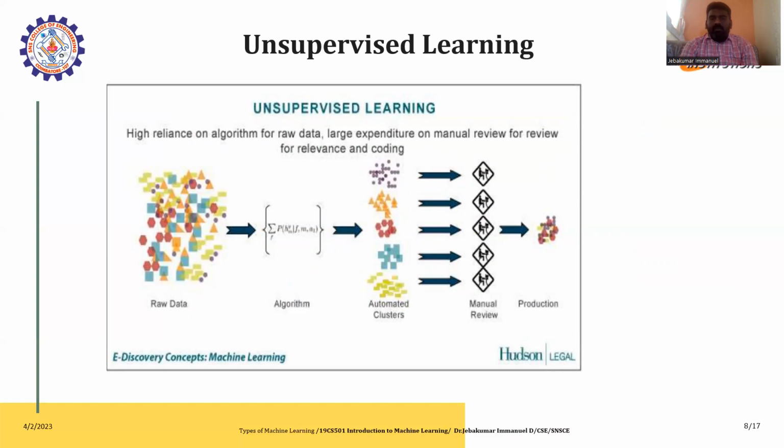In unsupervised learning, there are two major terms: one is clustering, another is association. Clustering is used to categorize the input raw data, but association is used to find the relationship between the given input variables or processing variables.